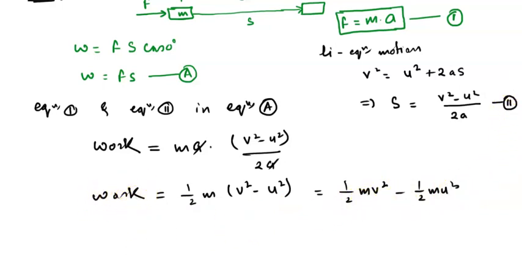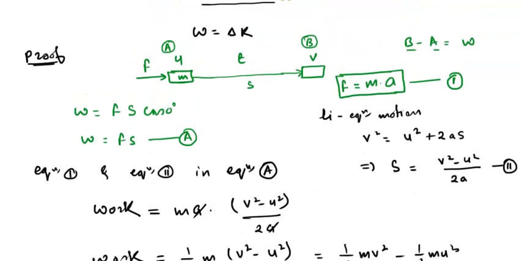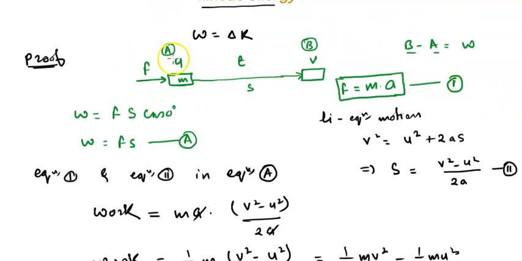Now you can see what this equation is. Let's look a little bit. Here this body at position A, if it has velocity u, then the kinetic energy of this body will be half m u square, which is the initial kinetic energy before applying the force. Suppose it is Ki. Now after applying a force and producing displacement s, the velocity becomes v. That means it is the final velocity, so it has the final kinetic energy, which is half m v square.